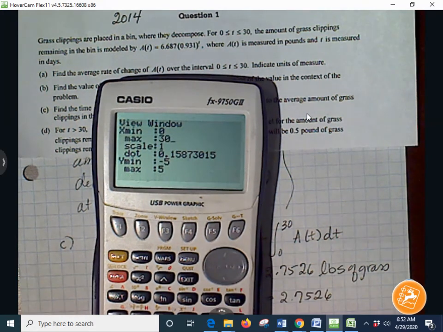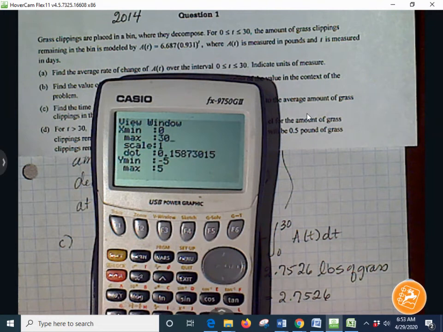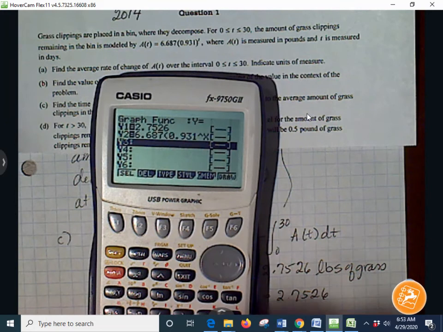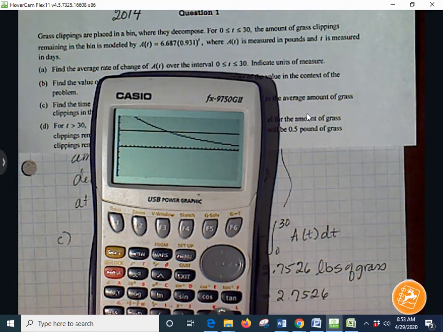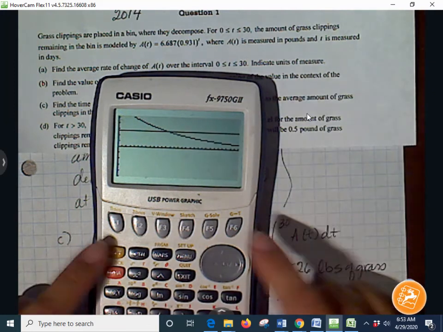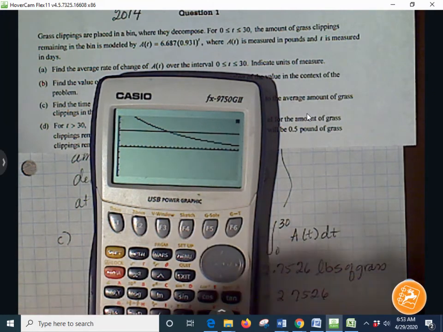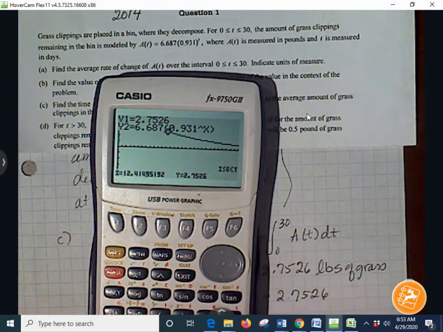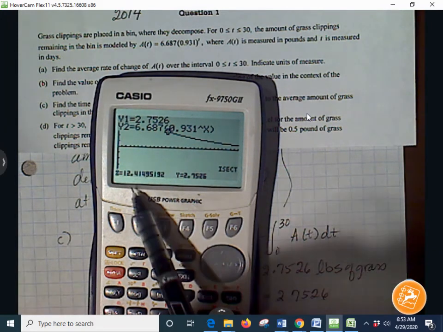The reason is that if I don't, I might have more points of intersection, extra answers that I don't need, if my interval is different than the one they're talking about. And there's my point of intersection. I do my point of intersection, and that is at 12.414.